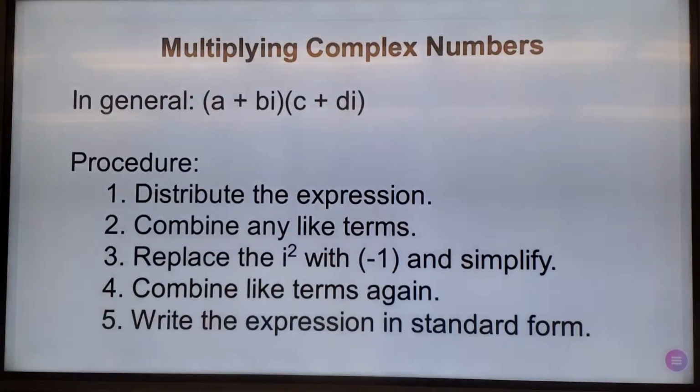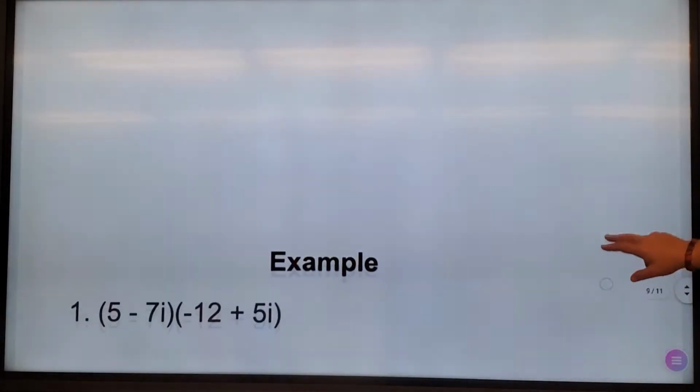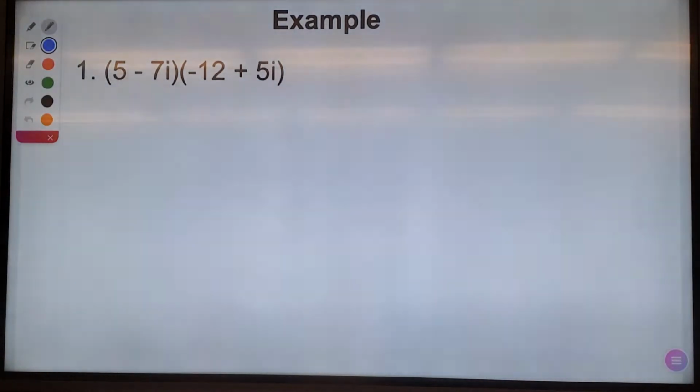Okay, step 4, then you're going to combine any like terms again. In step 5, you're going to write the expression in standard form, again, A plus BI. Okay, so I have the quantity 5 minus 7i times the quantity negative 12 plus 5i.